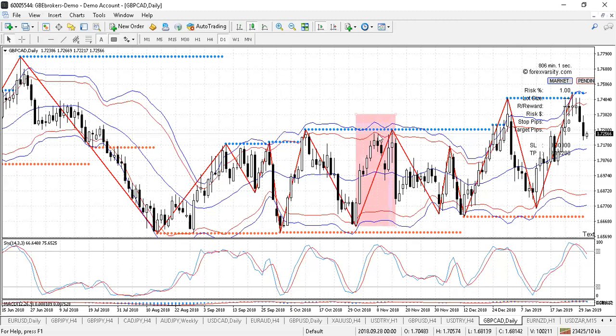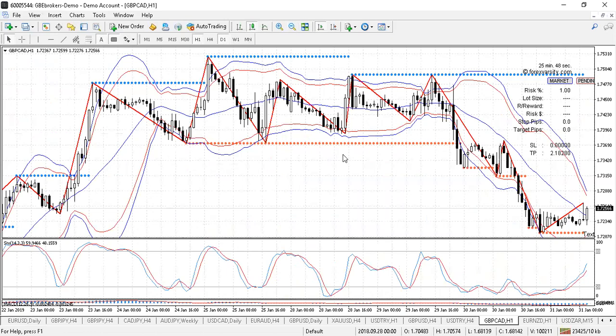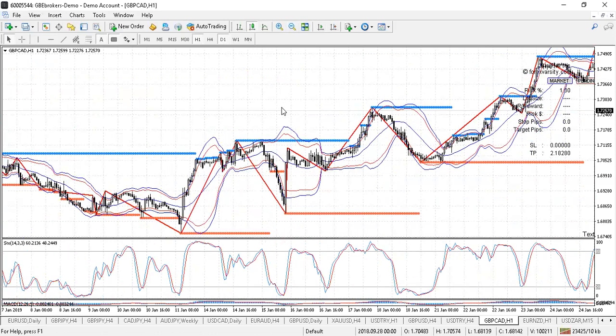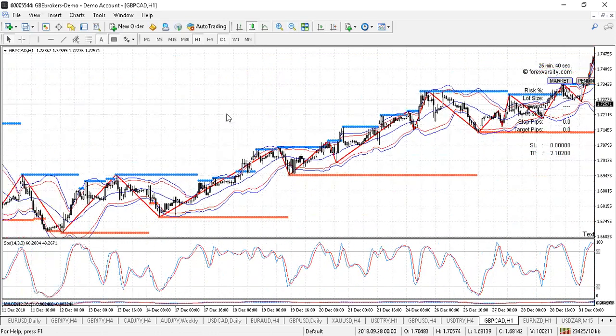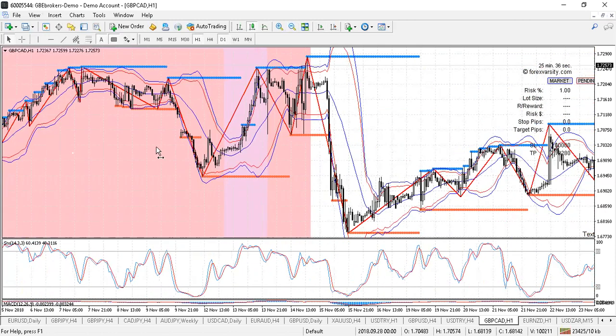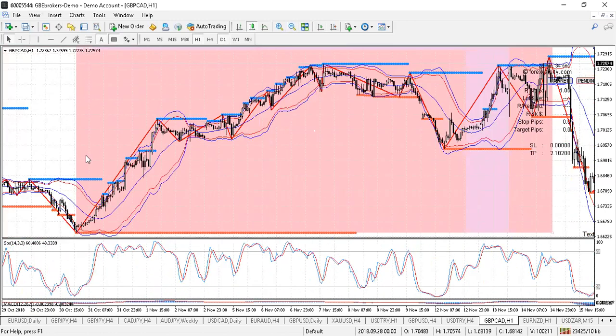We can do that on the daily, but we can also see if we can get some trades on the smaller time frames. So if I click down to the hourly and find that section of chart here, bear with me, guys. There we go, so there's that section there.